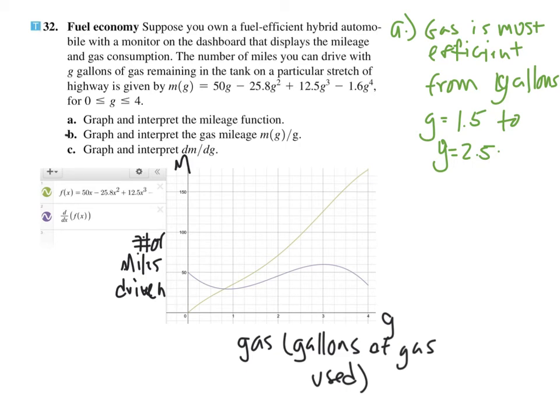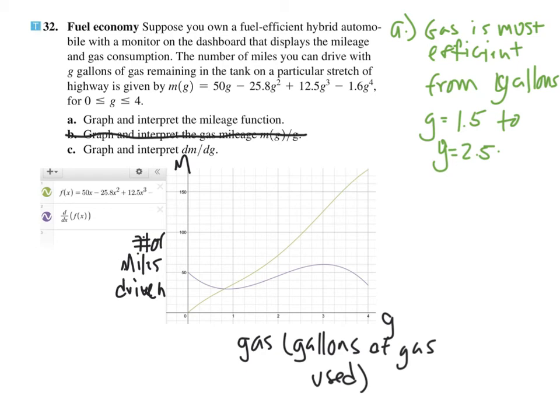I'm not going to do part B, but let's take a look at part C, where it says graph and interpret the derivative of your mileage function. So at what rate is your miles per gallon the best?